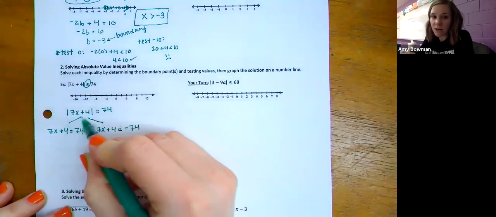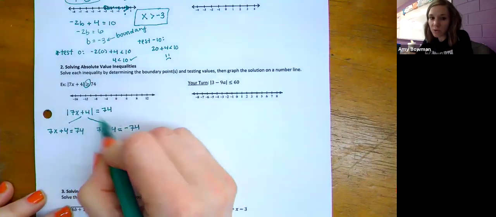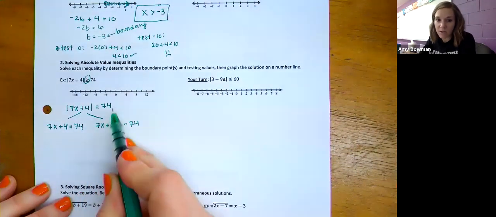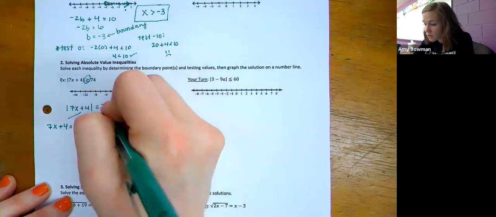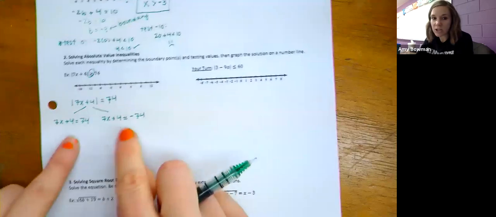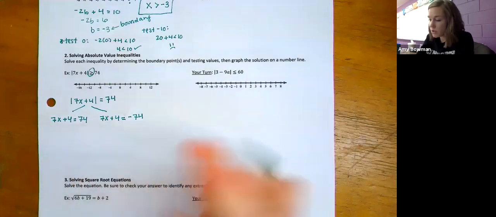So absolute value equations split into these two possible routes to find x. Either it equals the positive value or the negative value of whatever the absolute value equals. Now I solve each one of these equations to get the boundary points.